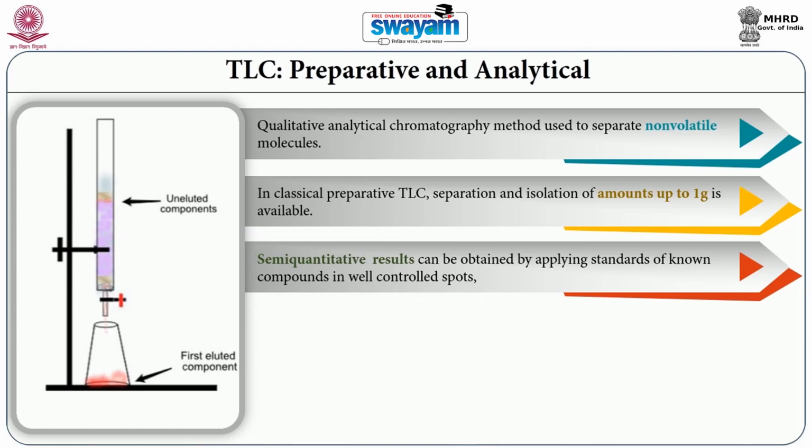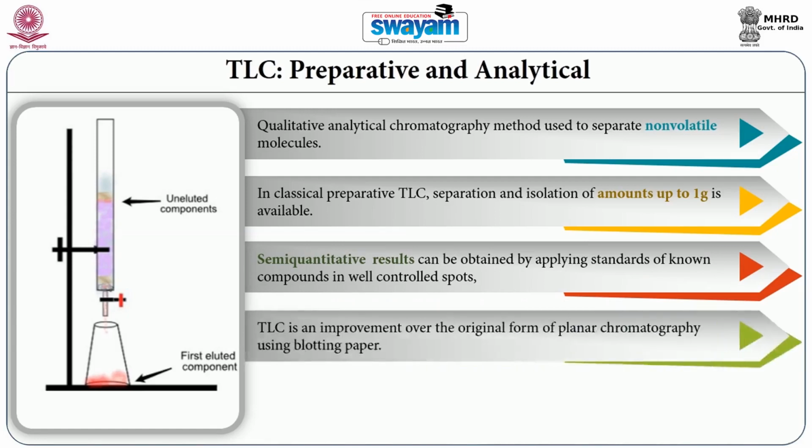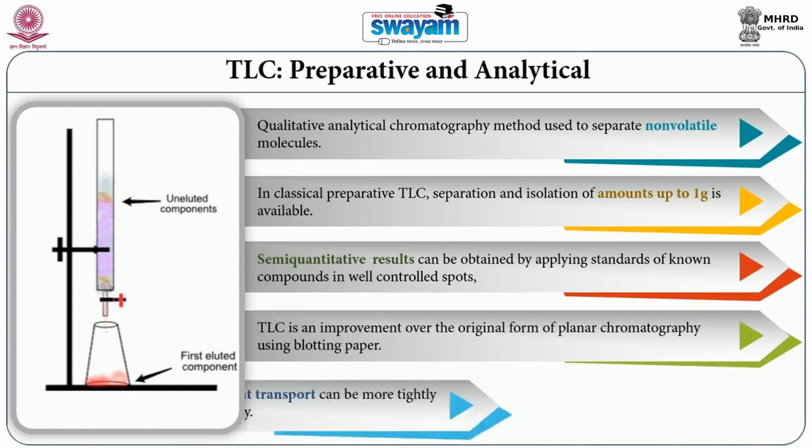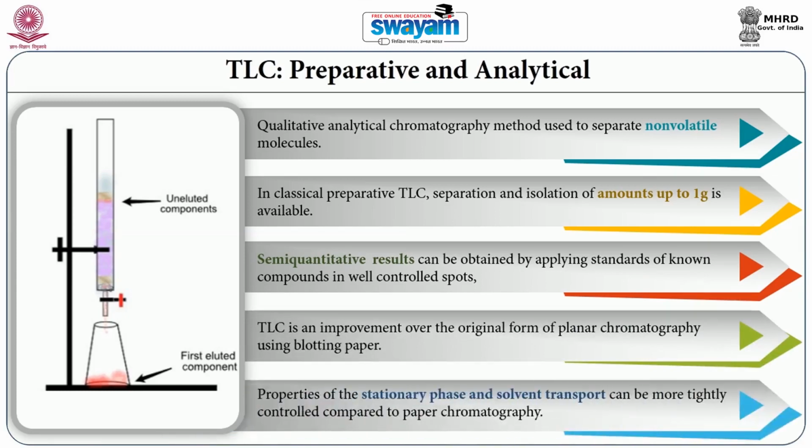In some ways, of course, you can also say that TLC is an improvement over the original form of planar chromatography, which was done using blotting paper. And now the properties in TLC can be more tightly controlled because of the automation and the stringency of stationary phase preparation, as well as those of solvent transport.